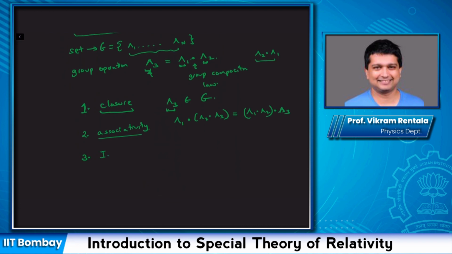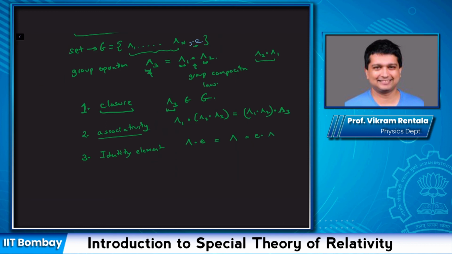The third property is the existence of an identity element. That is, within the set G, there should be an element which we'll denote as E, and this element E is such that if we take any lambda belonging to this set and compose it with E, we would get back that element.